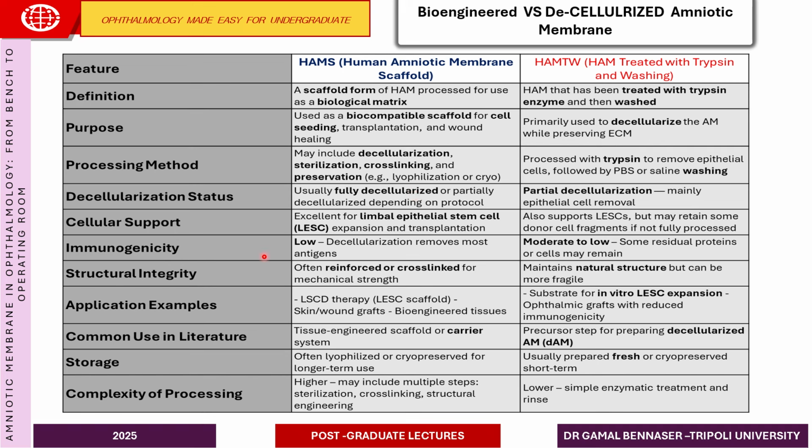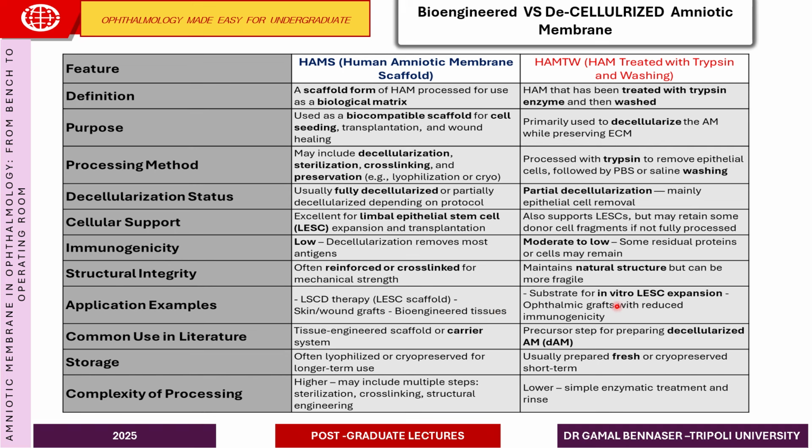As far as immunogenicity, as I said, there will be very low immunogenicity in this one and moderate in this one. And the structural integrity, as I said, because of the cross-linking, is that this is a reinforced human amniotic membrane. However, this one, as compared, is less stiff than this one. Application is mainly in limbal stem cell therapy, or also skin and wound grafts.